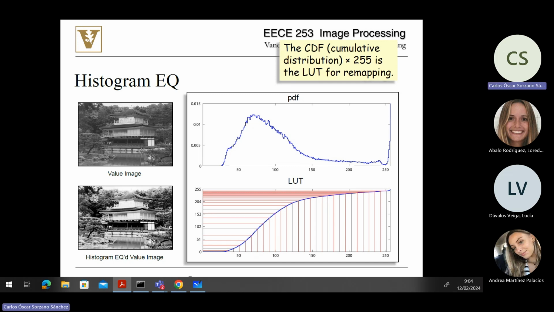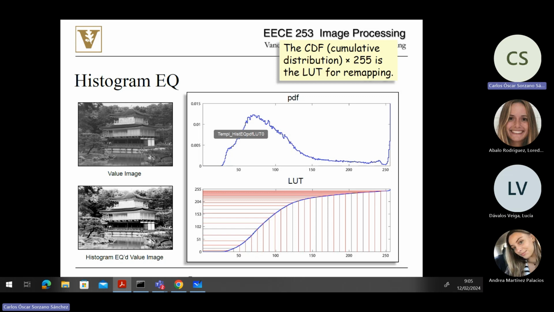And that is actually what this CDF is doing. The values that have many pixels, you see 50 is transformed into 25, and 100 is transformed into 150.